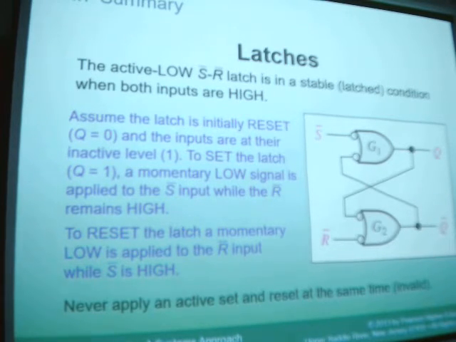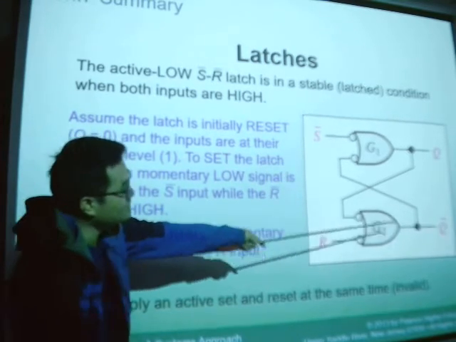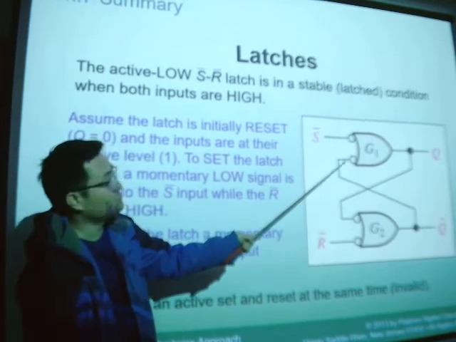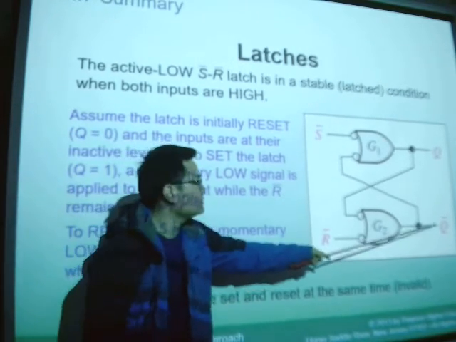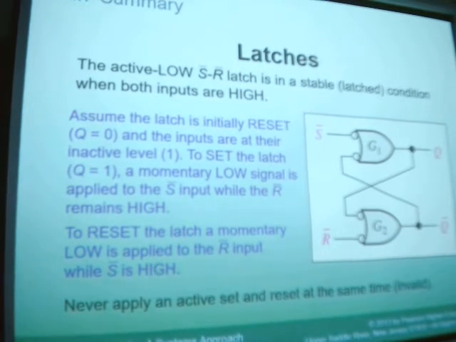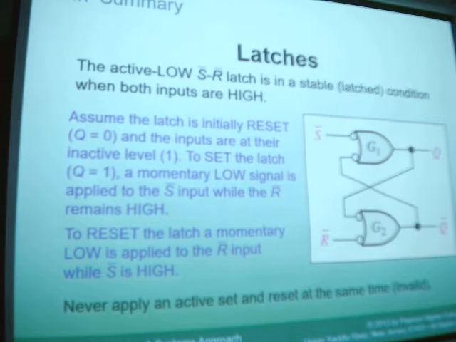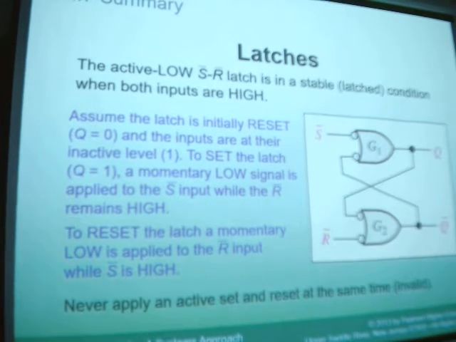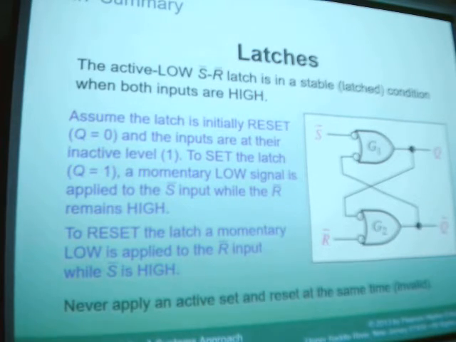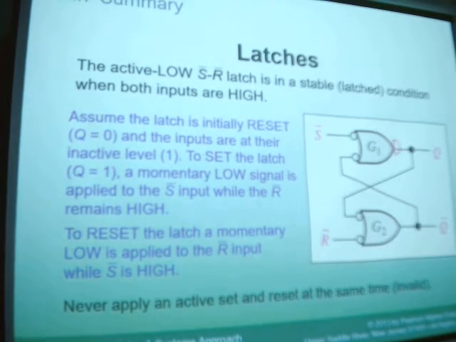So Q equals S and Q. The input is Q bar, right? Q bar, the signal to this. So the input is Q bar. So if we move the two inverters to this position, 0, 0.